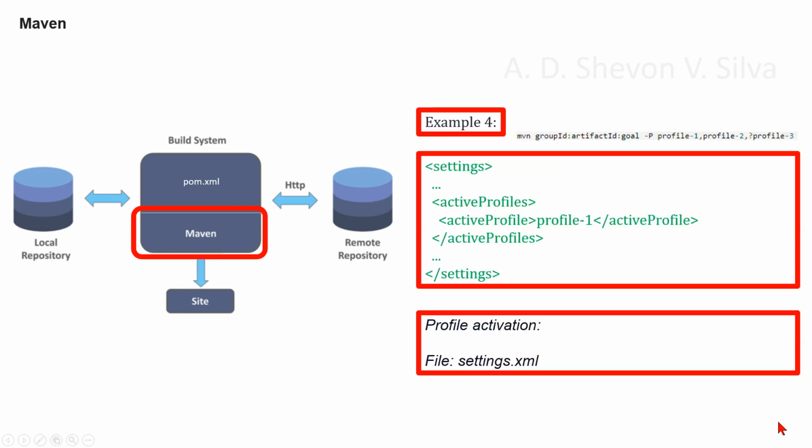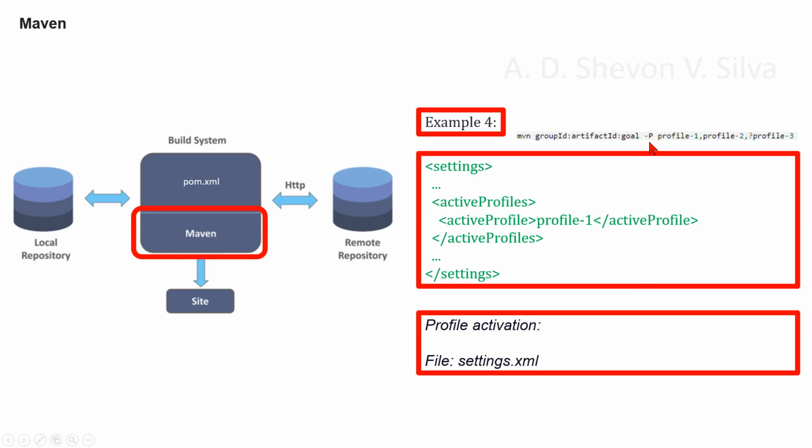As an example 4, we can consider this code segment related to profile activation. This is in the file settings.xml. Profiles can be explicitly specified using the dash P command line flag.